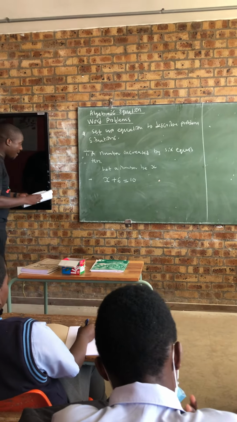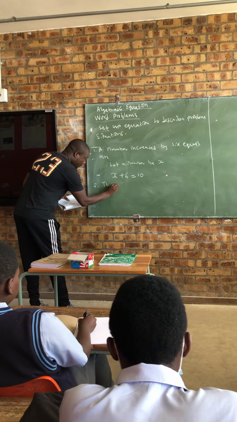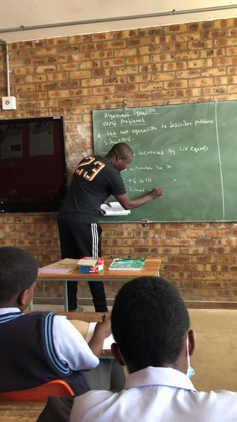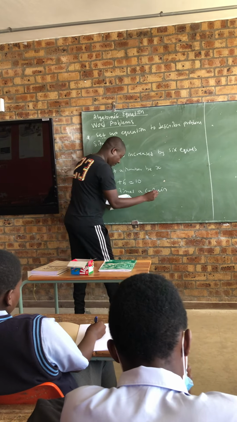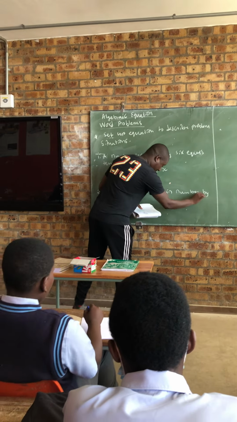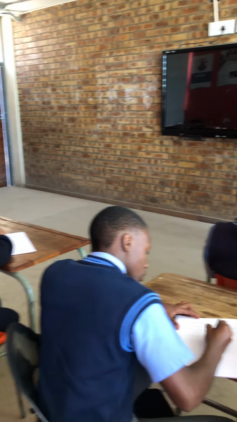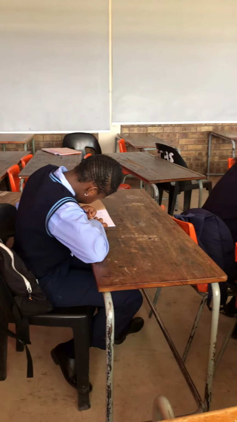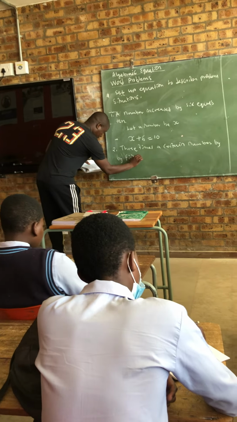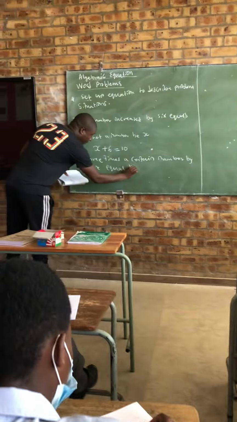So I want to give you another one. Word problem number 2: 3 times a certain number by 5 equals 8.